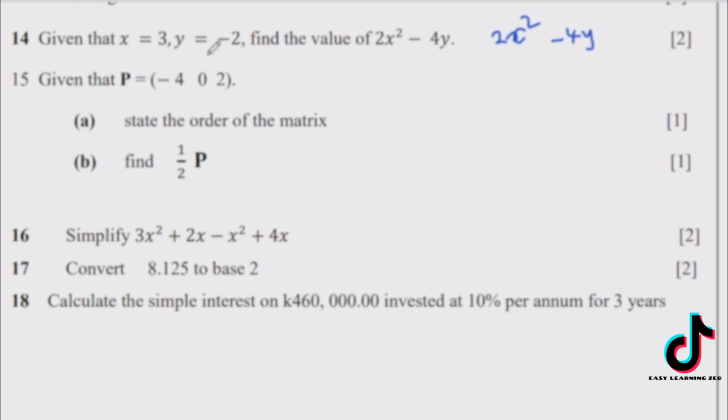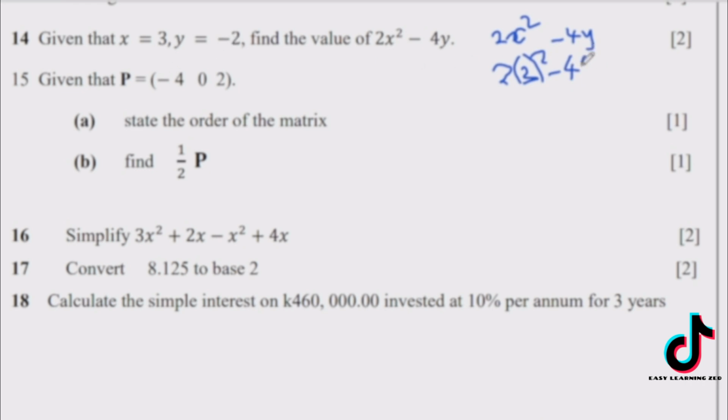Okay, so what you are told is we're going to come up with 2, then open bracket, what is the value of x? It is 3. Then squared, minus 4, what is the value of y?